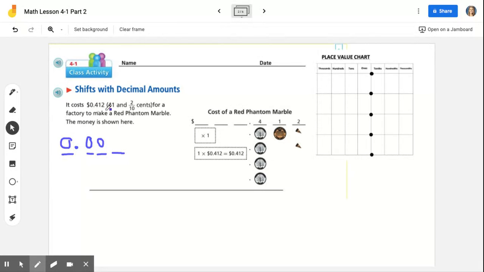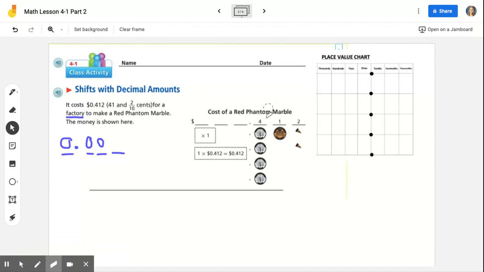So this number should look really strange to you. And why the book chooses to do this is because we have to know what the thousandths place value looks like in 5th grade. And we're talking about a factory here. So when companies are making many of the same thing, every penny and even every tenth of a penny counts for these big companies. So their exact amount to make this red marble, do you guys have any marbles at home?